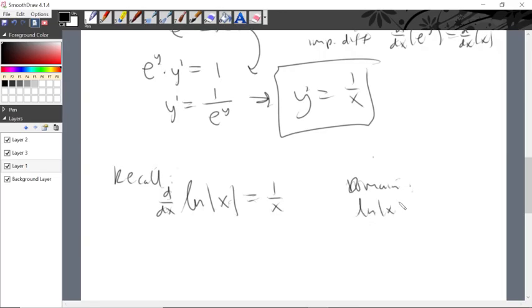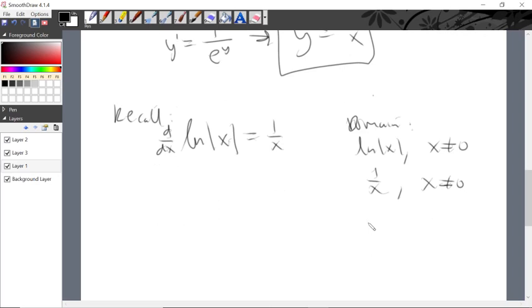The natural log of the absolute value of x has domain where x is not equal to 0, and the domain of 1 over x is also that x is not equal to 0. How did we define this derivative? How did we find out that this was true? We defined the natural log of the absolute value of x piecewise.